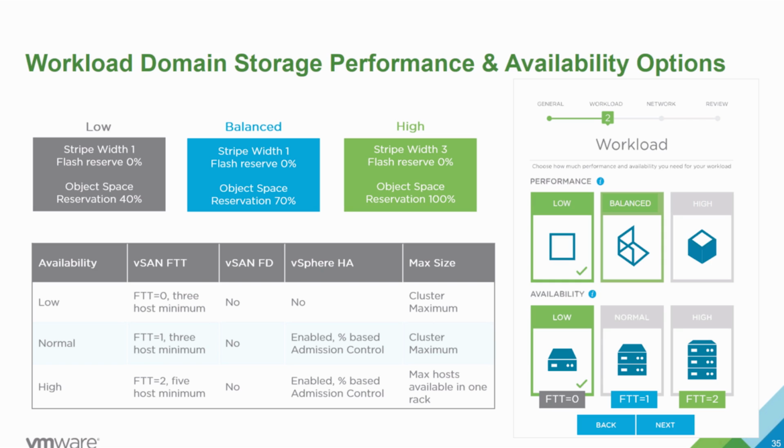But you can choose, do you want low, balanced, or high performance, and low, normal, or high availability? And what those settings are doing are playing with the failure to tolerate settings on vSAN as well as object space reservations. So you can just dial it in as you need, and off you go.